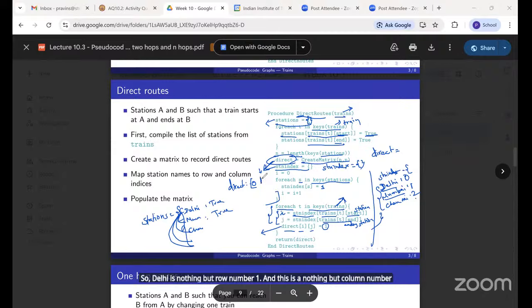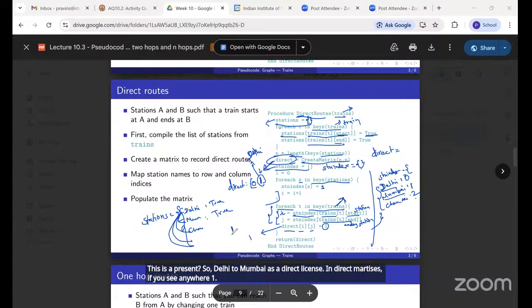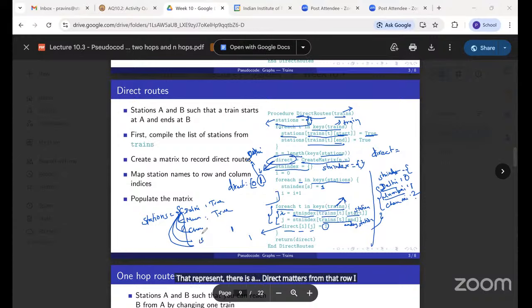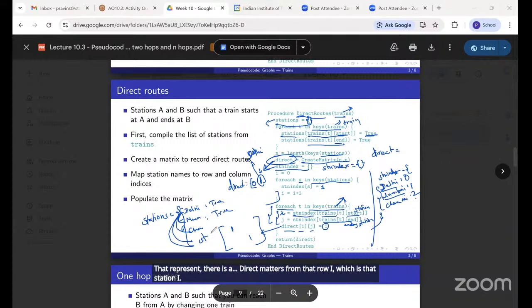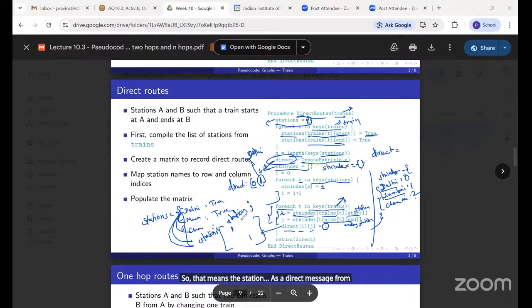So here it will be initialized to 1. This represents Delhi to Mumbai as a direct matrix. In the direct matrices, if you see a 1 anywhere, that represents a direct connection from row I, that station I, to station J. So that means the station has a direct connection from station I to J.